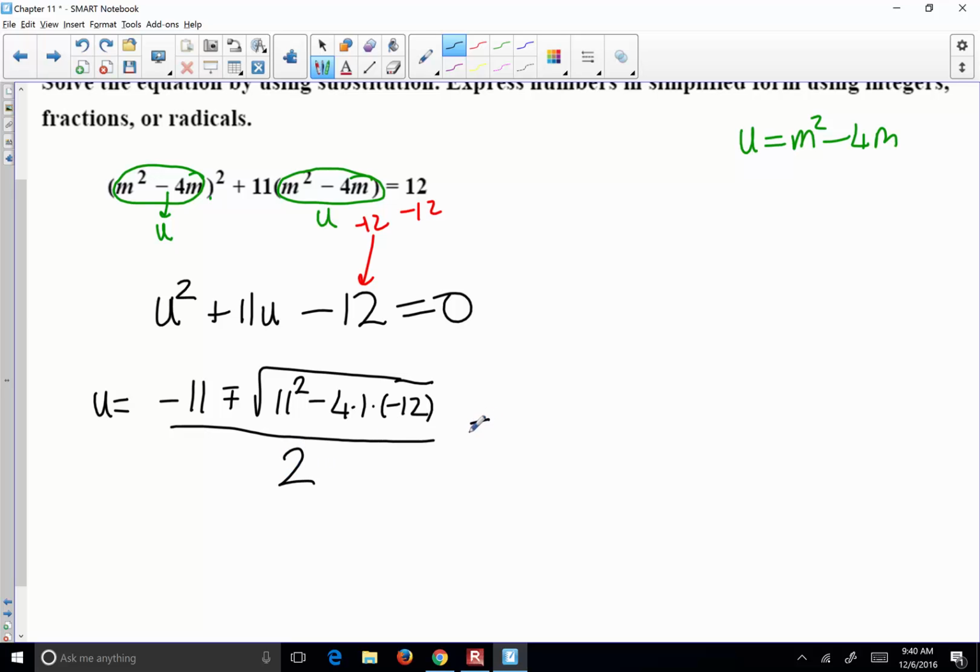If you're not, that means you need to practice more. First, multiply these three numbers all the time. Minus 4, 1, and minus 12 makes positive 48. 11 squared makes 121. Always work out the square root first. 121 plus 48 means 169.